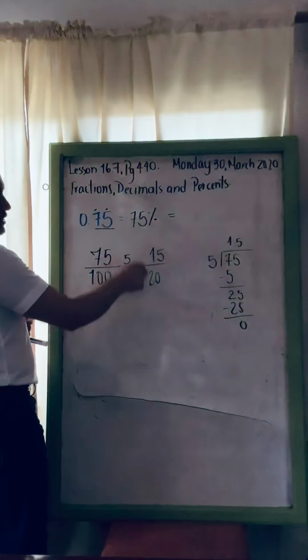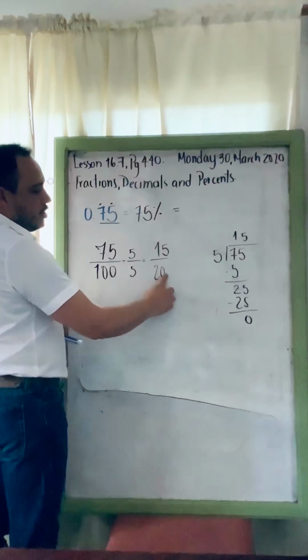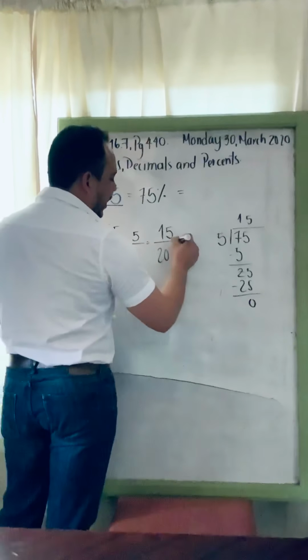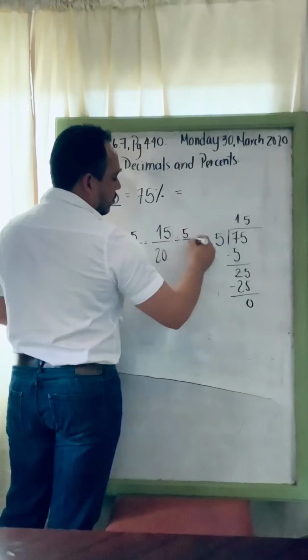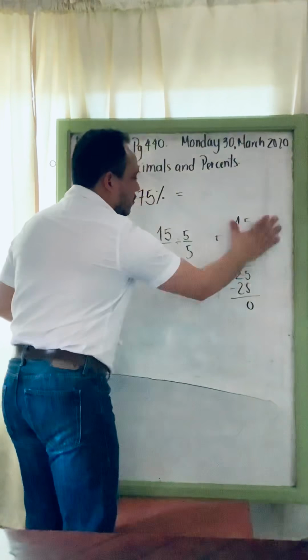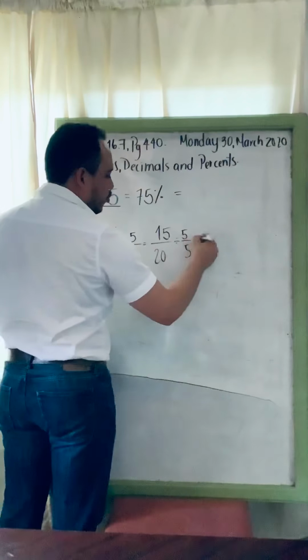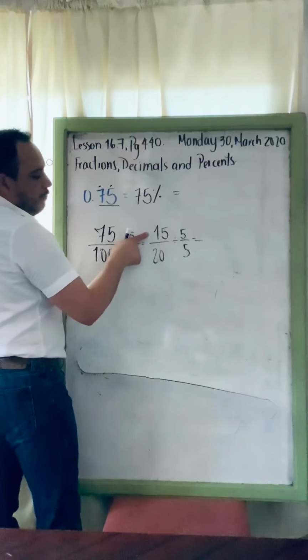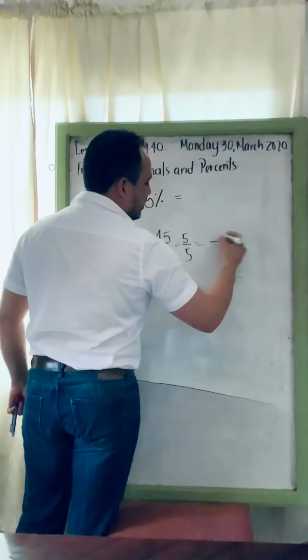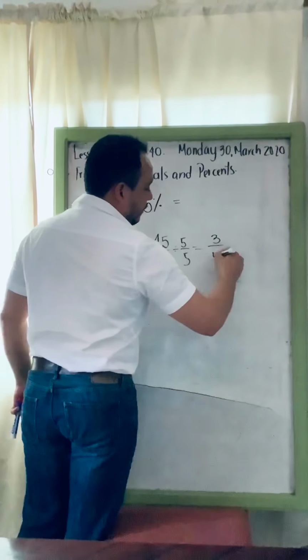Now this is not the simplest form, right? Because we still have another 5 and another 0. So we can simplify it again by 5. If you do the division again, 15 divided by 5 is 3, and 20 divided by 5 is 4.